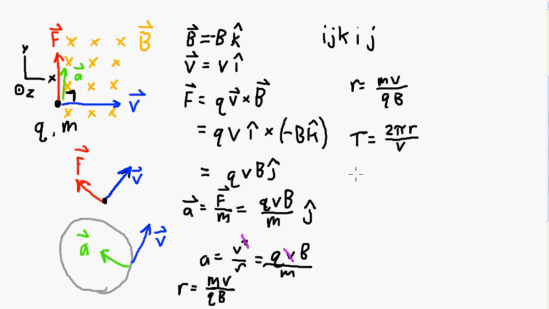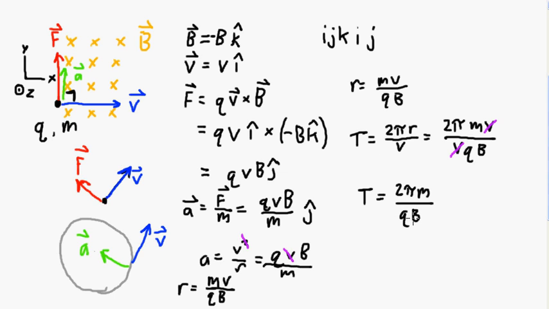So now we can plug in the r we found before, and find that the period is 2 pi times mv over v times qB. Then you can cancel another pair of v's there, and find that the period of a particle moving in a magnetic field in a circle is 2 pi m over qB.